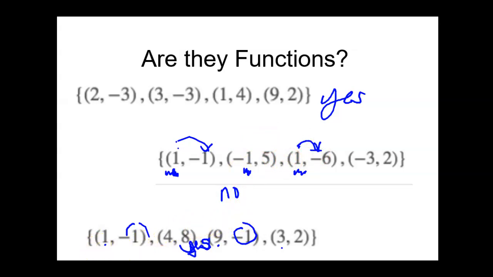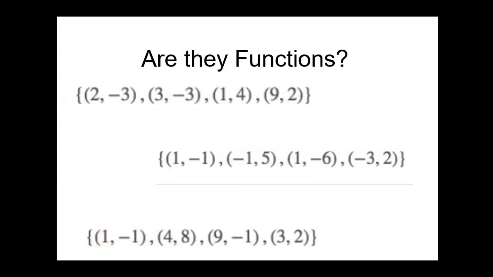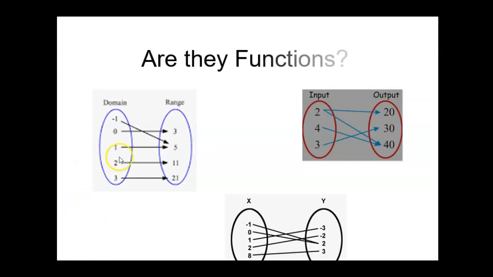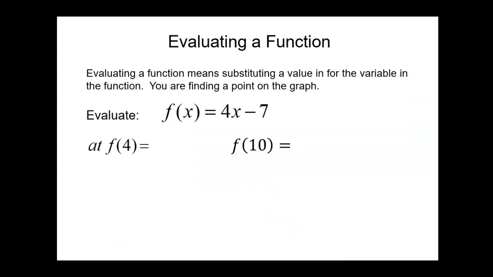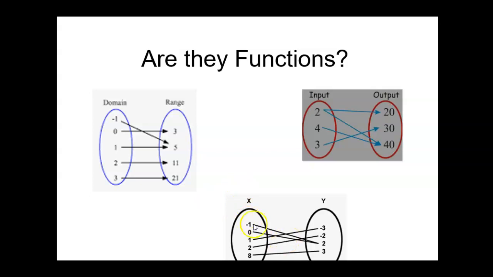Okay. So the last representation of functions that we're going to look at here is called mappings. So the mappings have what's called the domain or the input. So these all three look a little bit different. So this one's telling me the x's are the starting point and they're going to y values.